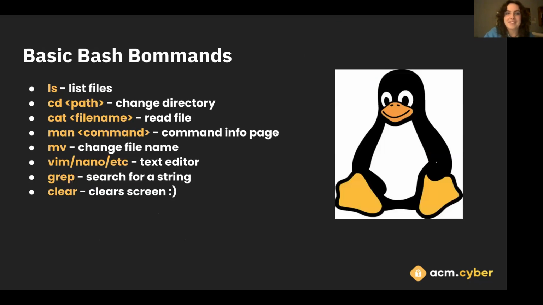And then some basic bash commands: ls, cd, cat, man, mv, vim, nano, vi, pick your text editor, grep, and then clear. So any command you could possibly need. You can also search for commands, and the internet is a very infinite place.